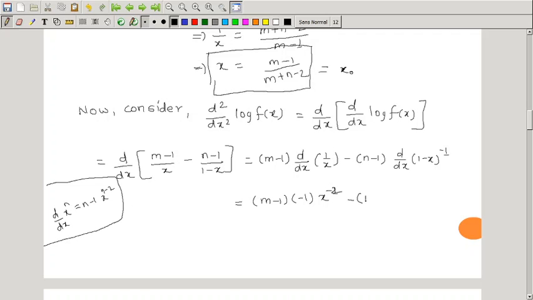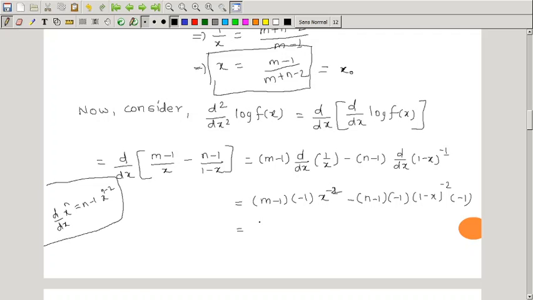Same here, minus (n - 1) into minus 1 into (1 - x) raised to minus 2, and again the derivative of minus x is minus 1.